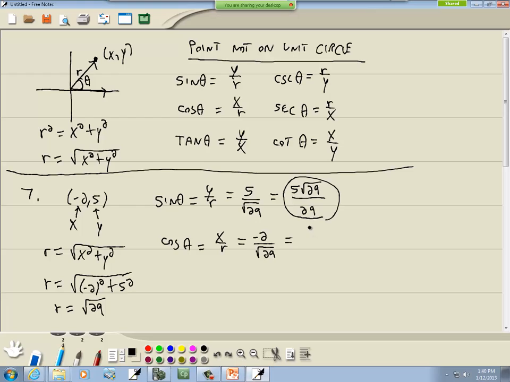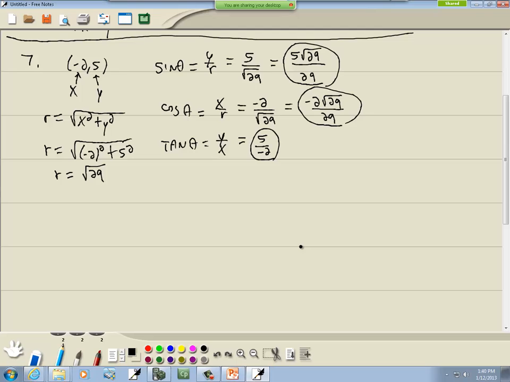Again, we can't have the square root of 29 down below, so we'll multiply top and bottom by that. That gives us -2 square root of 29 over 29. Tangent is equal to y over x. y is 5 over x, which is -2. So we got -5 halves.